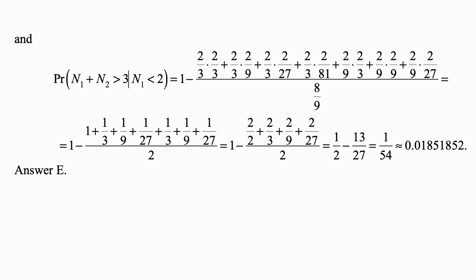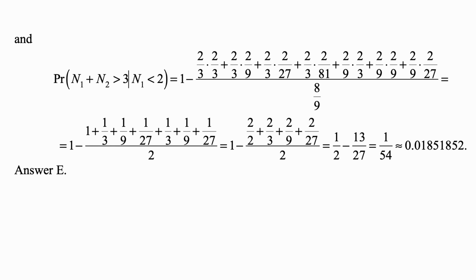So what we're left with then is 1 minus, and the fraction is 1 plus 1/3 plus 1/9 plus 1 over 27 plus 1/3 plus 1/9 plus 1 over 27, over 2. Now, of course, you can take those 1/3, 1/9, 1/27. Each of them is there twice, so you can add them up and get 2 of them.